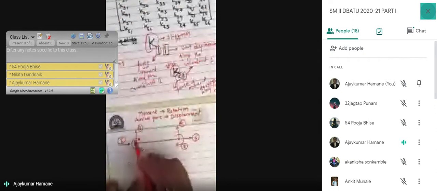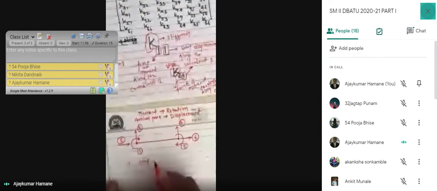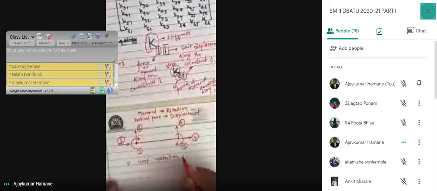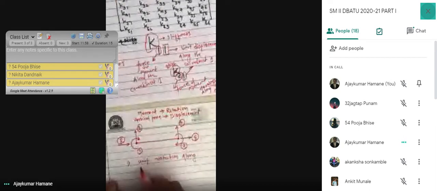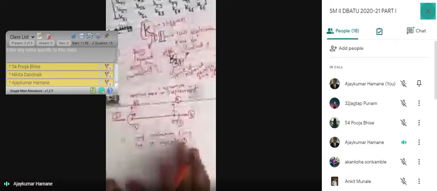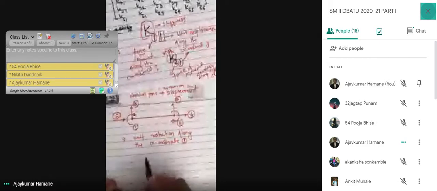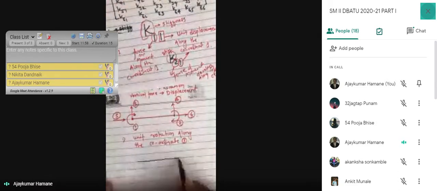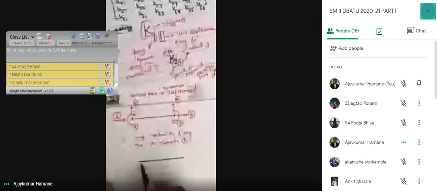So now you see the coordinate 1 is like a moment. So what we have to apply is unit rotation along the coordinate 1. If we apply the unit rotation, this is theta.